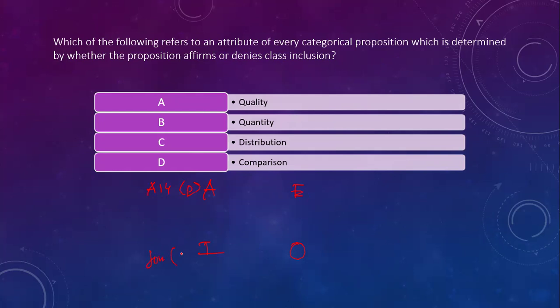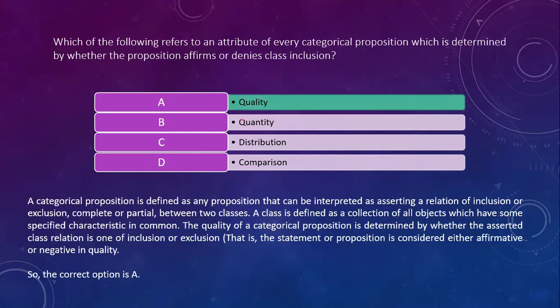Universal negative: no. Particular negative: some not. The quantity is all, some, no, some. So affirmation is whether it is affirm or not. The attribute referred to here is quality.